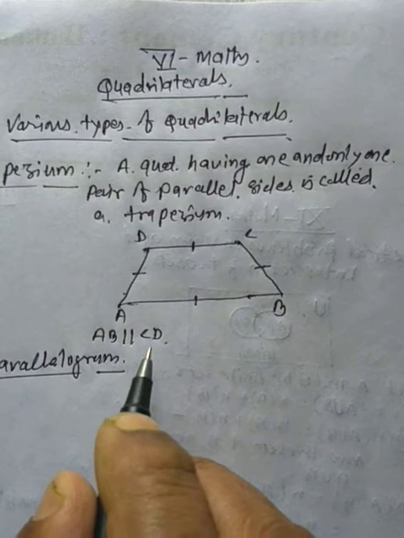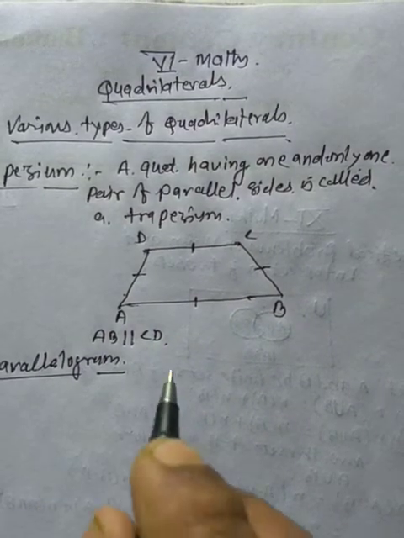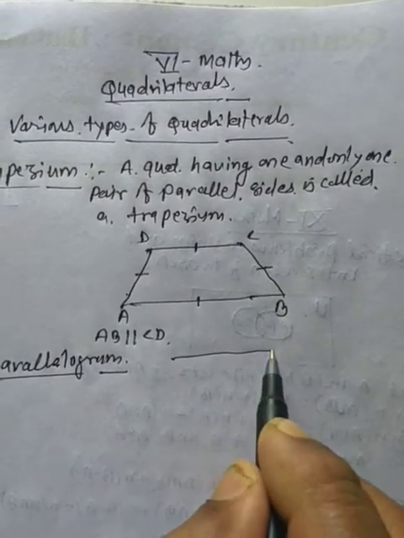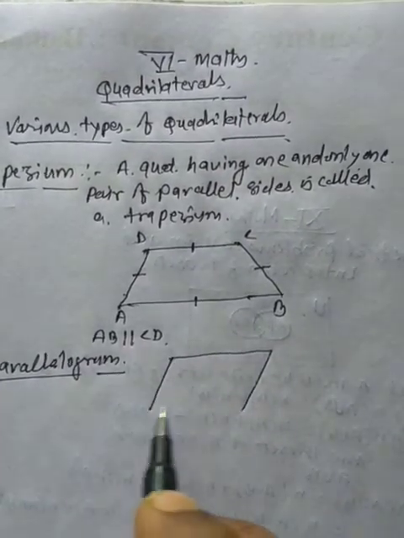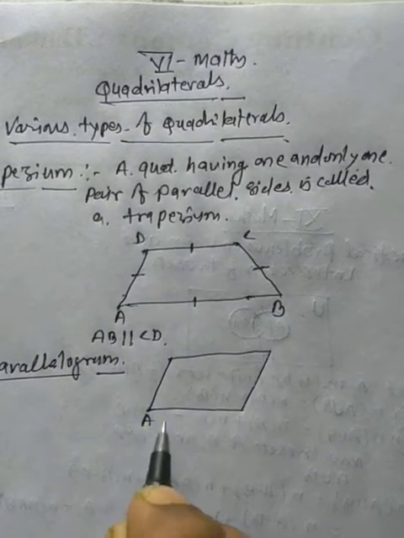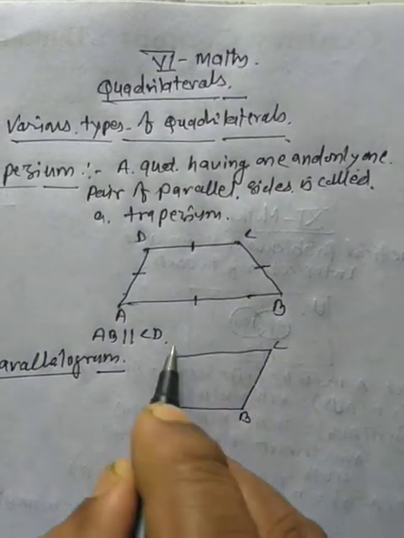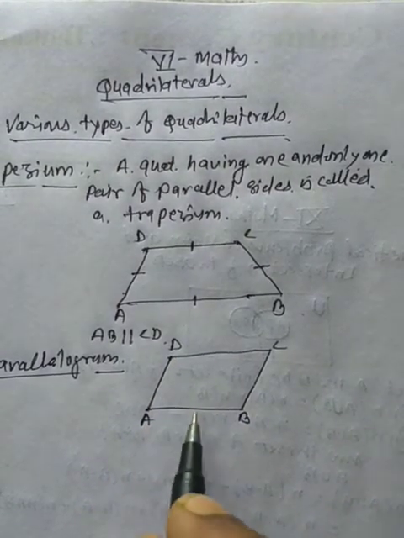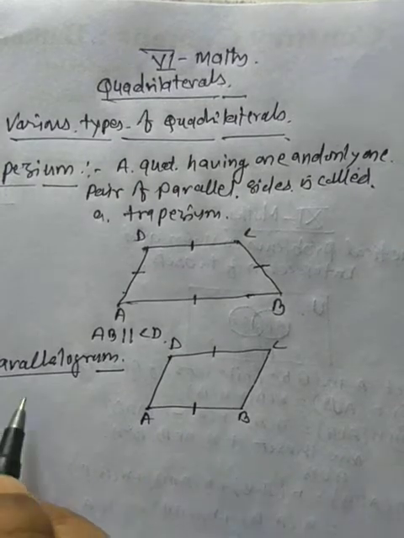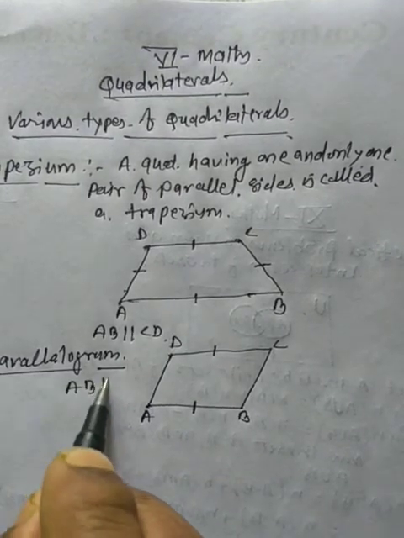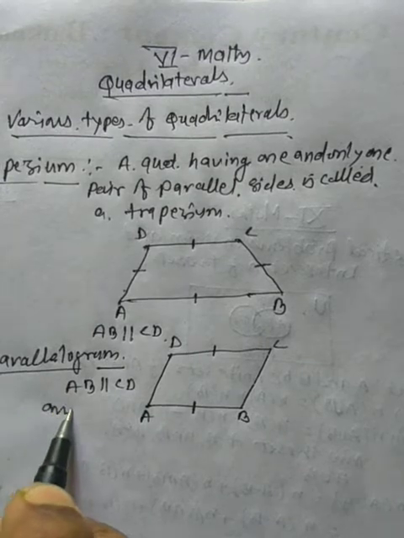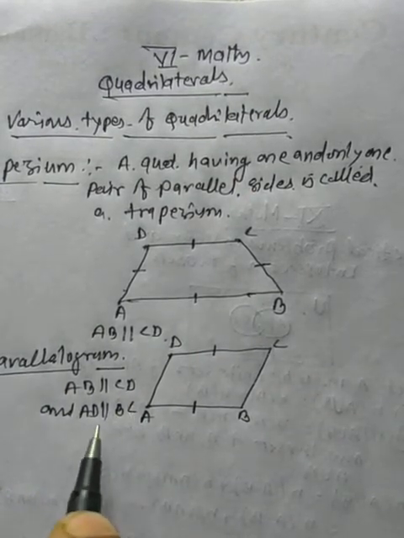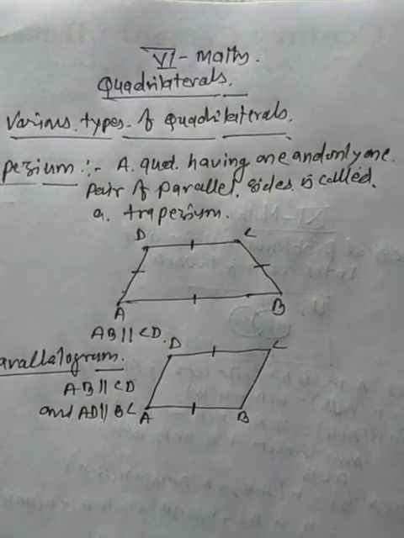Now in the figure, ABCD is a quadrilateral and AB is parallel to CD, and AD is parallel to BC, then ABCD is called a parallelogram.